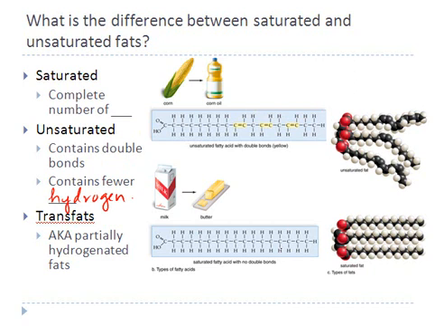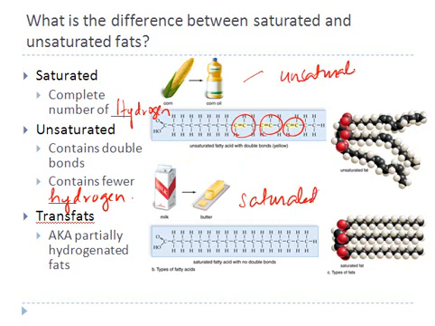Why will they have fewer hydrogens? Because whenever you have a double bond, as shown over here, you will have fewer hydrogens. Saturated fat will have a complete number of hydrogens attached to the carbons. Now an example of the unsaturated is your oil, and these are your saturated. And this is your unsaturated.